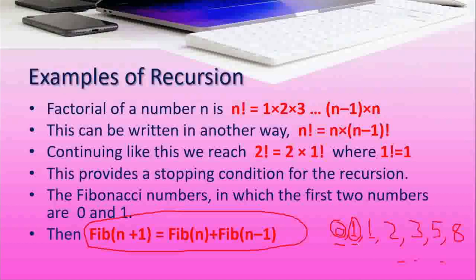Then from the third number onwards, we can find out by adding the previous two numbers. So Fibonacci of n plus 1 is equal to Fibonacci of n plus Fibonacci of n minus 1. This is how the Fibonacci number series can be found out using recursion.